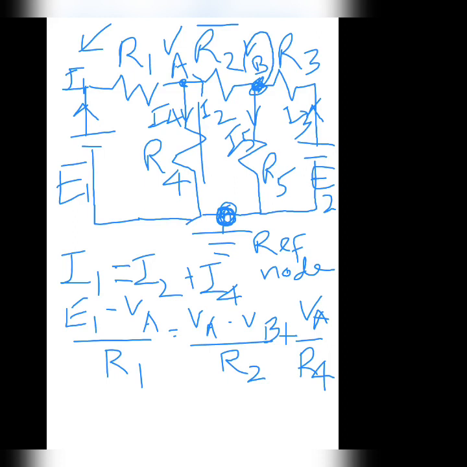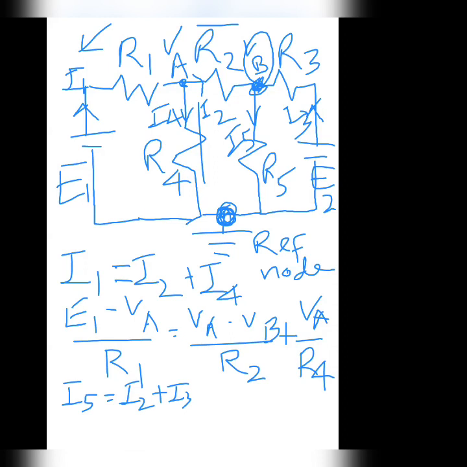And I2 remains same as this. Okay. So we can write current equation I5 is equal to I2 plus I3.